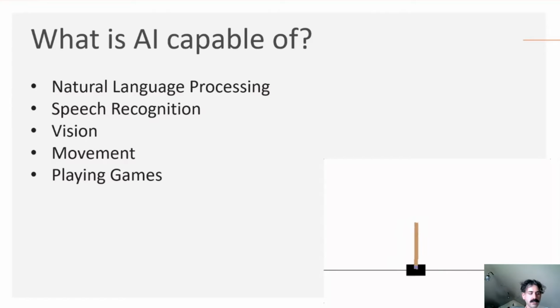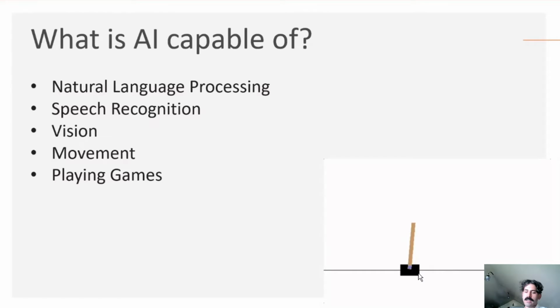It's very interesting. And then playing games, which here in the corner, I think it's called Stick Cart or something. It's an example that's on the PyTorch website. It has good documentation. It's an example of reinforcement learning.